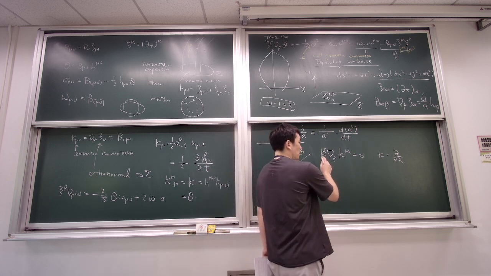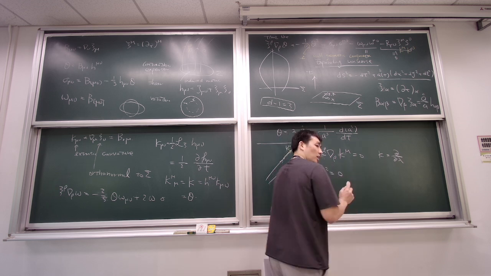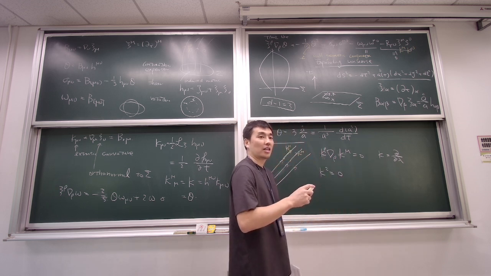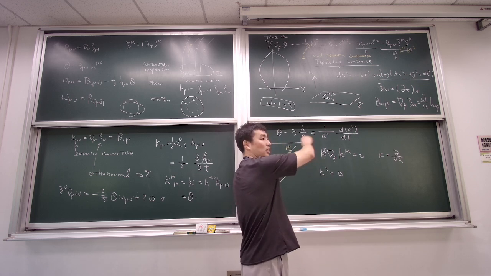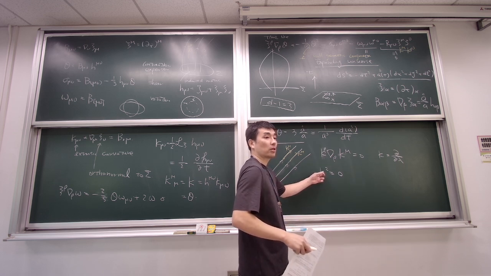Since it's null, k squared is equal to 0.